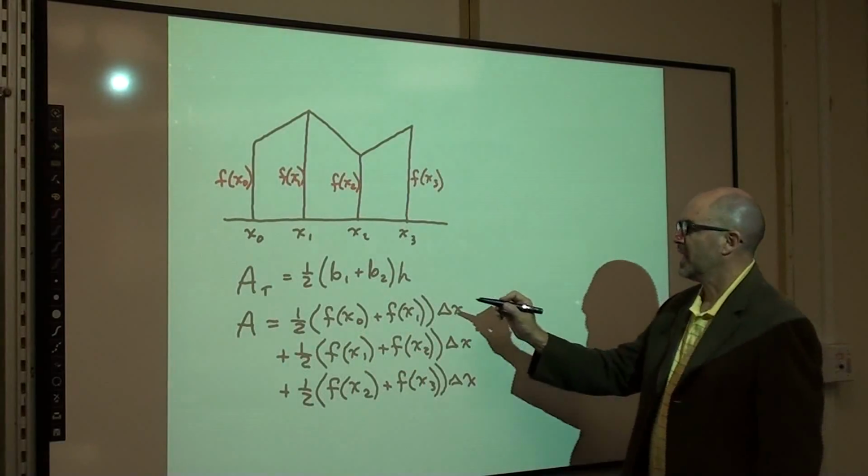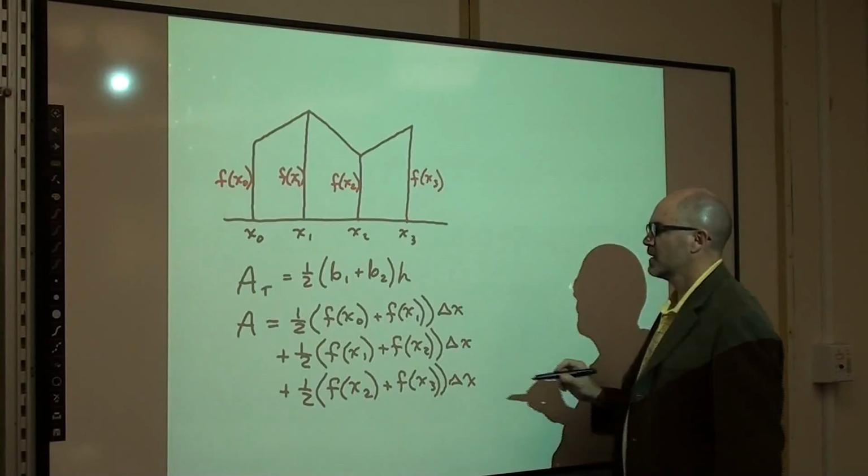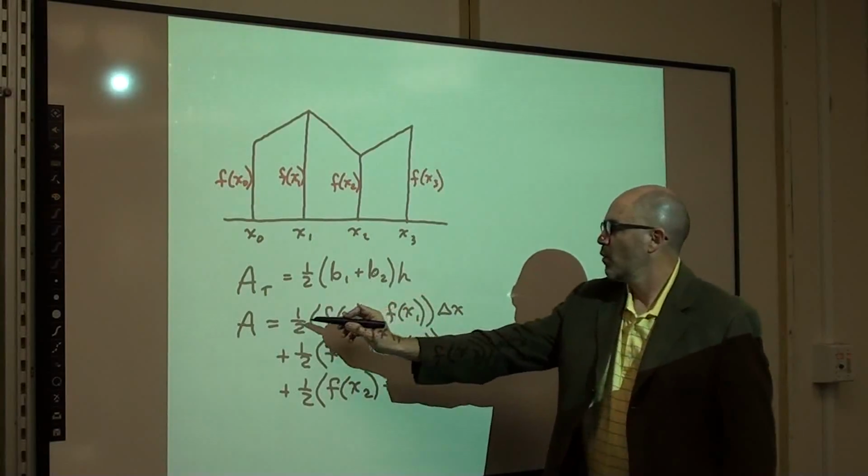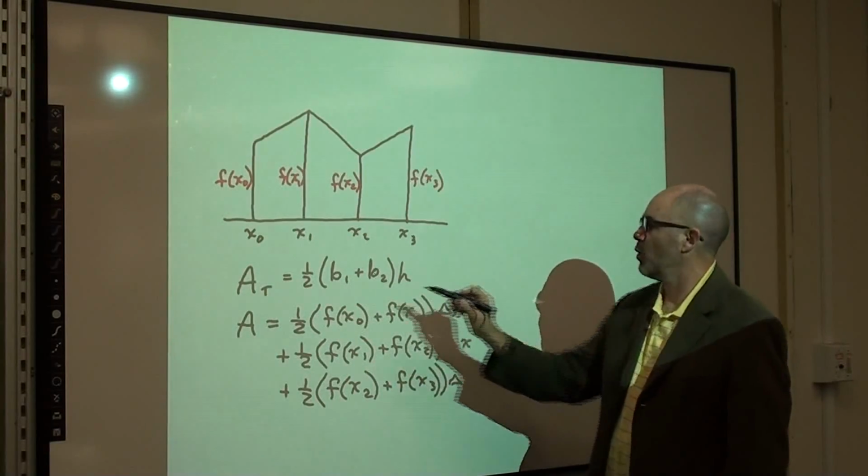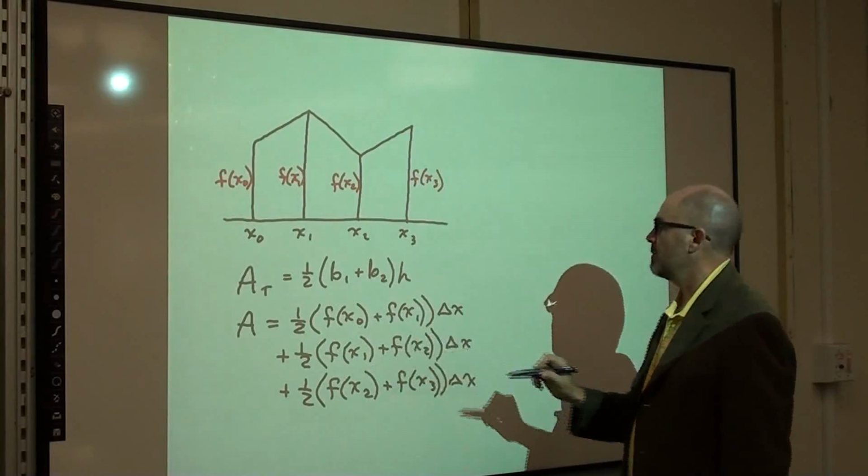All right, so let's add these up. Notice we've got 1/2 delta x times everything.